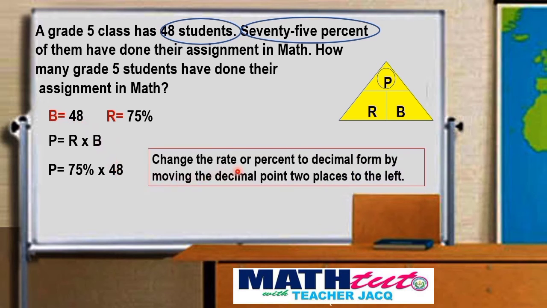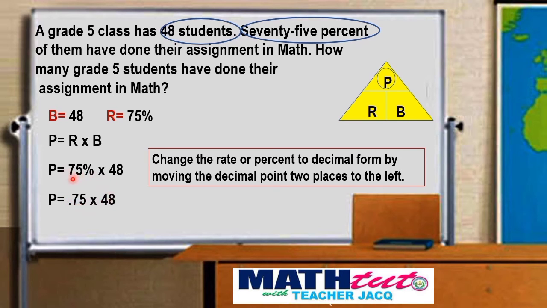Now, we need to change the rate or percent to decimal form by moving the decimal point 2 places to the left. So, nandito yung ating decimal point, i-move lang natin siya ng 2 places to the left. So, 1, 2. That's why meron tayong 0.75.